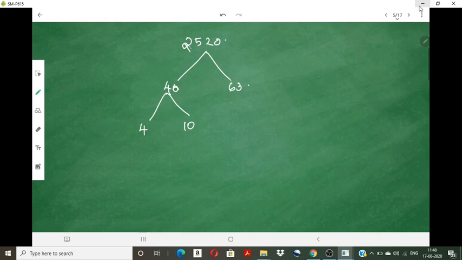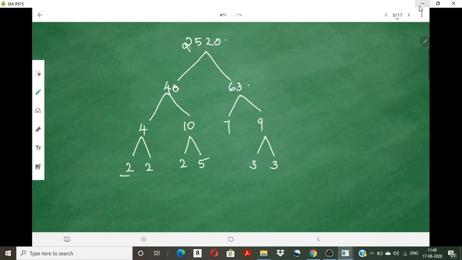Now 63 we can write as 7 into 9. Now 4 we can again write as 2 into 2, and 10 as 2 into 5. For 7, no further factorization is possible since it is a prime. And 9 we can factor as 3 into 3.